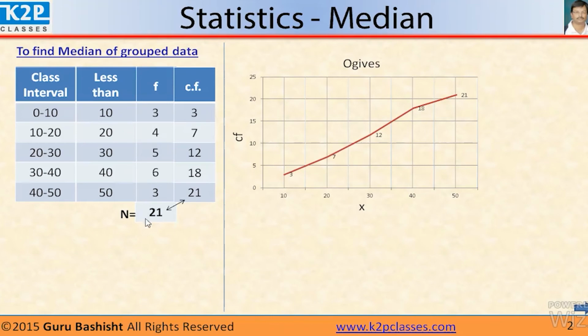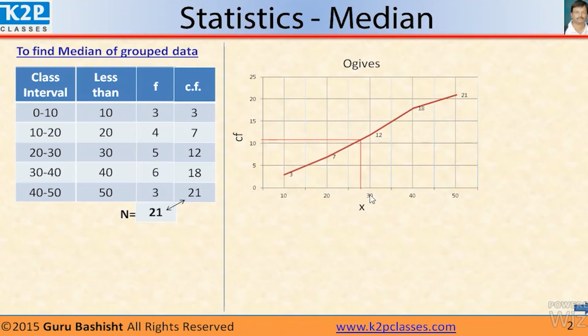Now, what is the middle of 21? If you divide 21 by 2, it will come halfway, somewhere 10.5. So just draw a line here. Then what is the corresponding value of x?